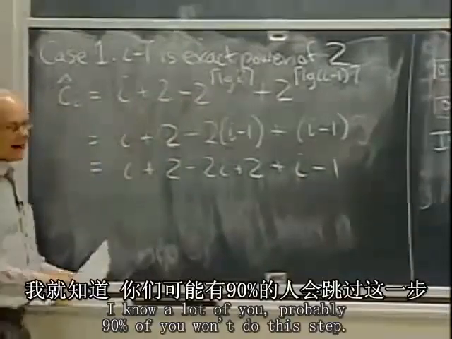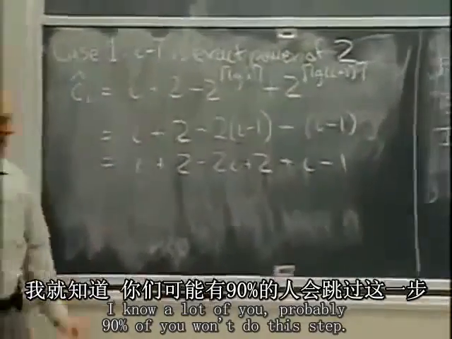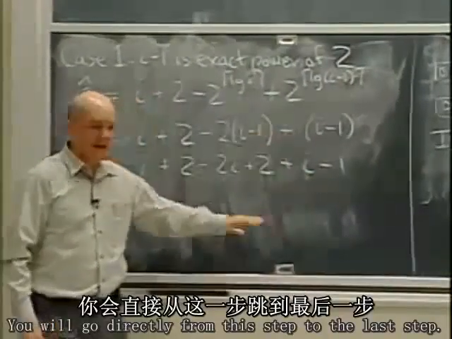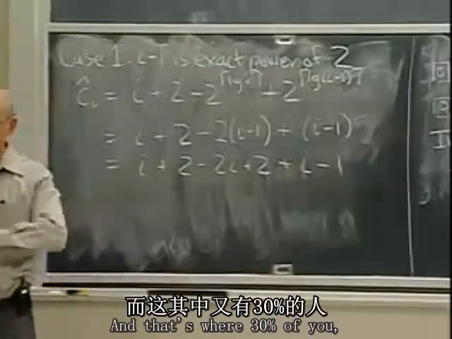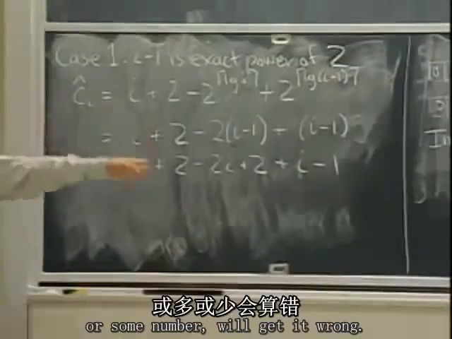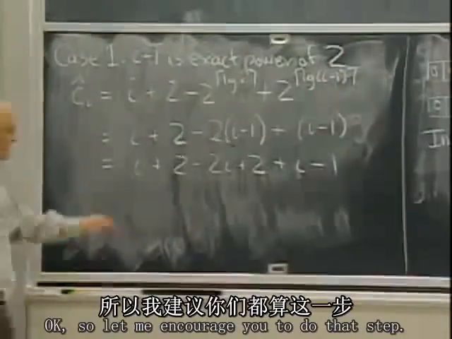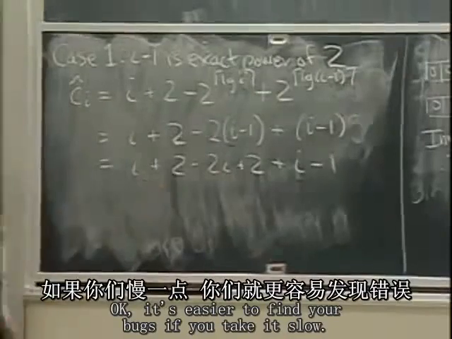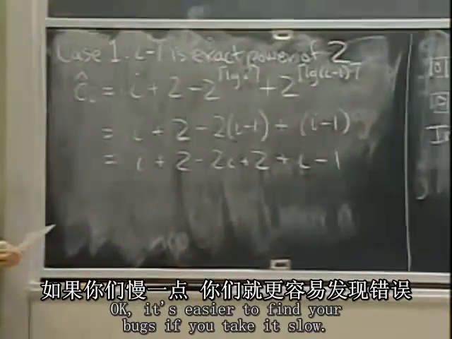A lot of you, probably 90% of you, won't do this step. You go directly from this step to the last step. And that's where 30% of you, or some number, will get it wrong. So let me encourage you to do that step. It's easier to find your bugs if you take it slow.